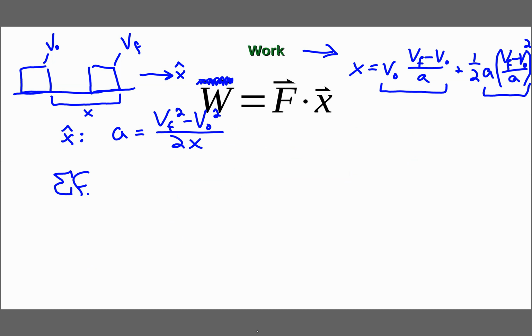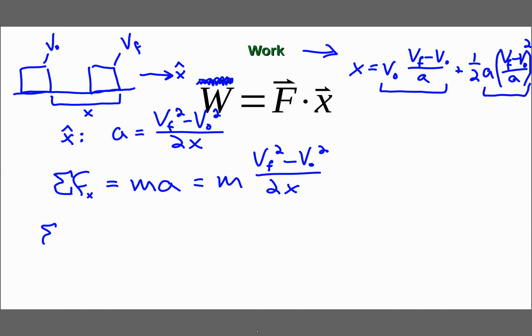So net force in the x direction is equal to the mass of this block times its acceleration, which is equal to the mass times this expression that we have for the acceleration. But then if I bring the x over to the left, you'll see that what I end up with is a net force, okay?